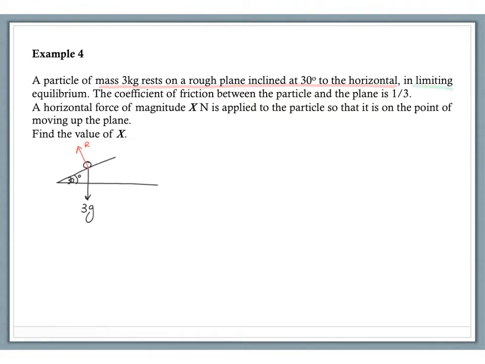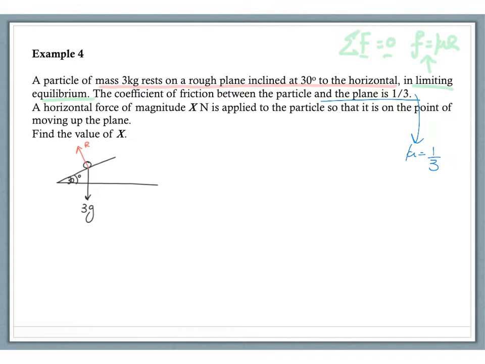And we're in limiting equilibrium, which of course tells us that we'll be using both resultant force equals 0 and friction equals mu times normal reaction force. We are in fact also told that the coefficient of friction is 1/3, so mu equals 1/3.